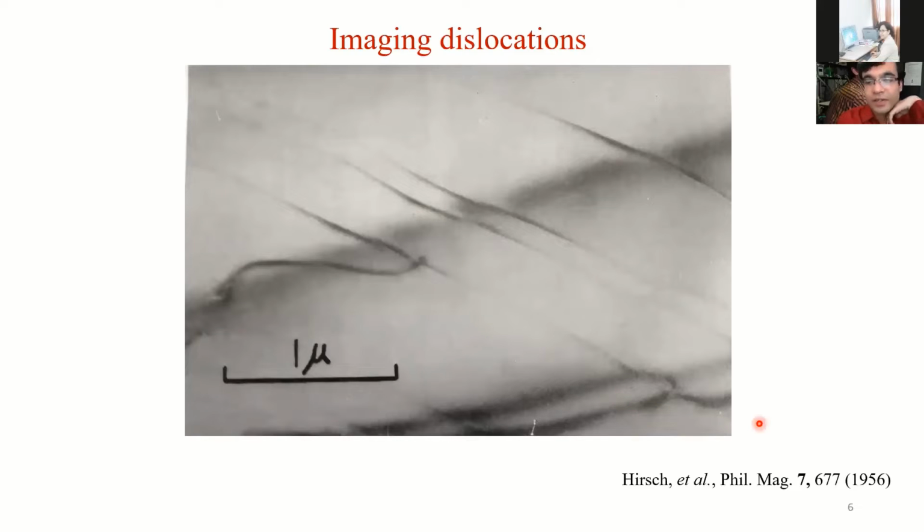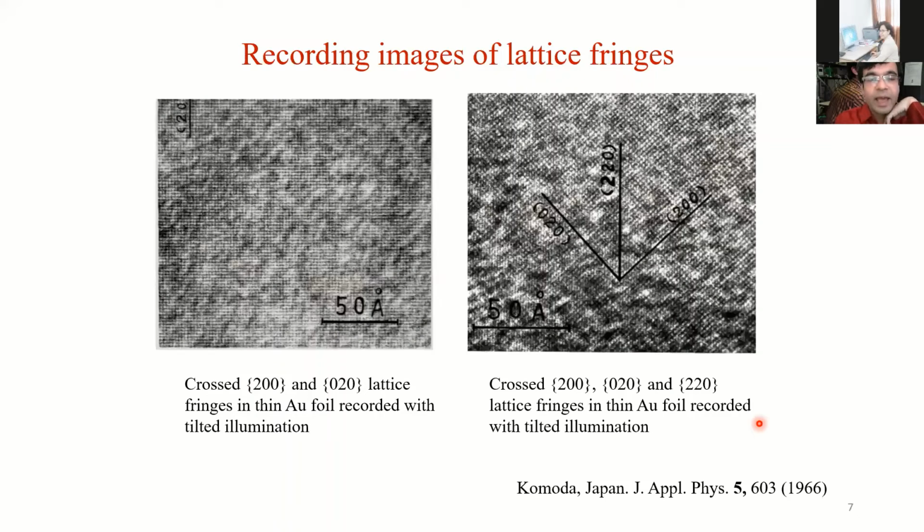So the beginning of the application of TEM in the materials field was started by Peter Hirsch in the 50s. And then as microscopy improved in the 60s, people started chasing lattice fringes. At that time, we didn't have aberration correctors, but we still had atomic resolution images without aberration correction. Here the resolution is good, about 2 angstroms, but not excellent, not sub-angstrom resolution like we have today.